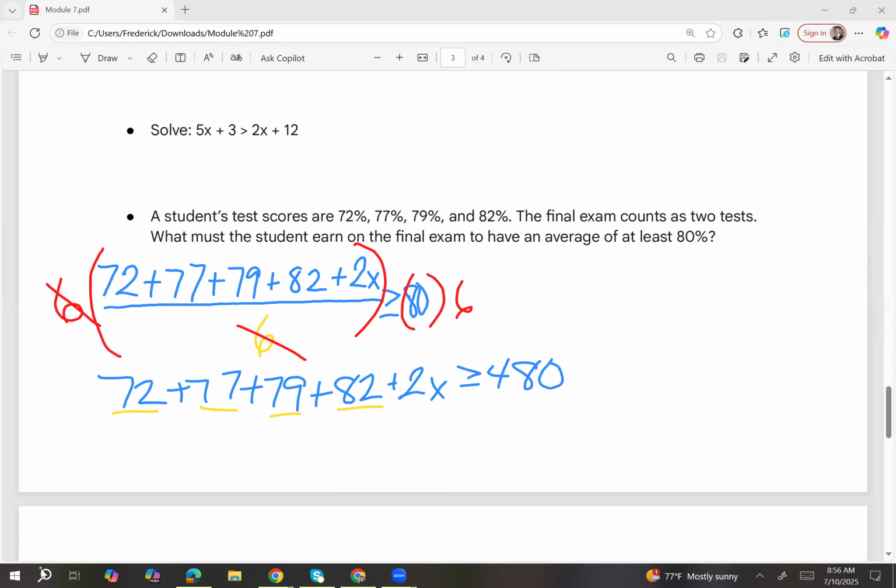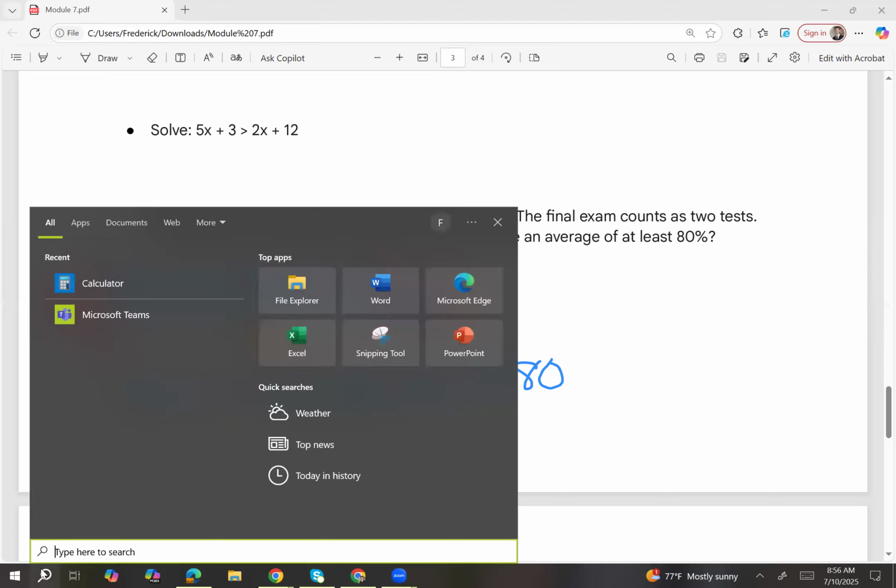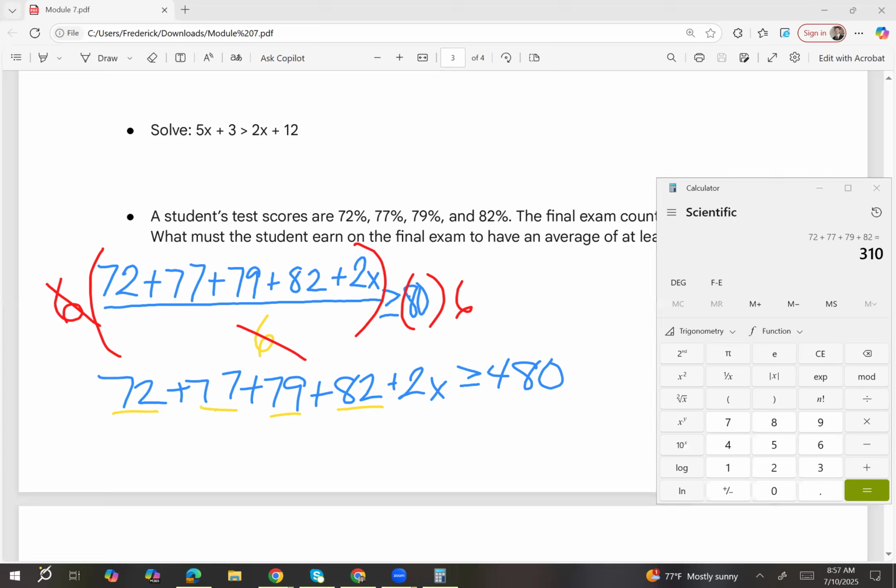If we can look along with that. If we do 72 plus 77, 79, and 82, we get 310. So those all combined for 310, we bring down the 2x greater than or equal to 480.